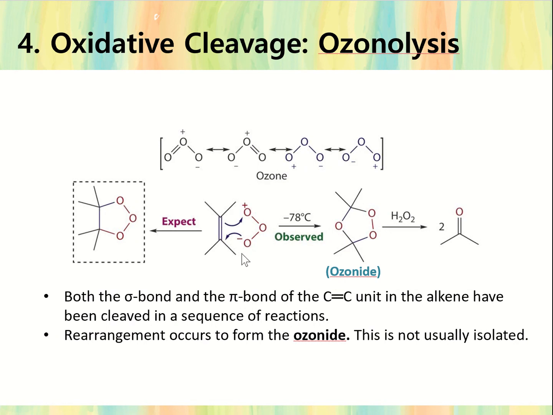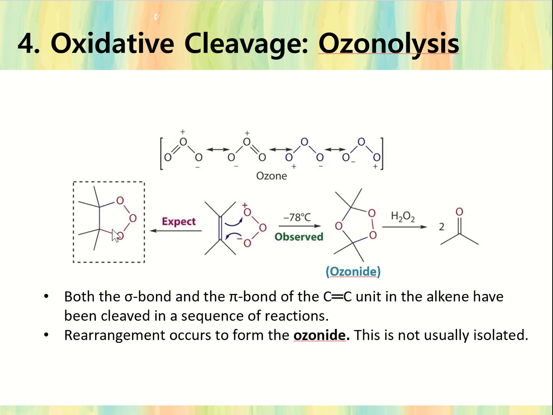And so in the presence of an alkene, which we see here, the expected product was this species here. However, what was observed was the cleavage reaction via an ozonoid. So clearly the carbon-carbon bond broke.